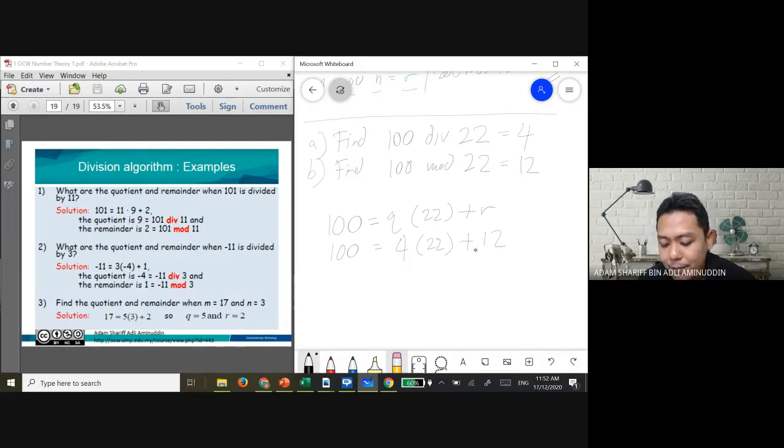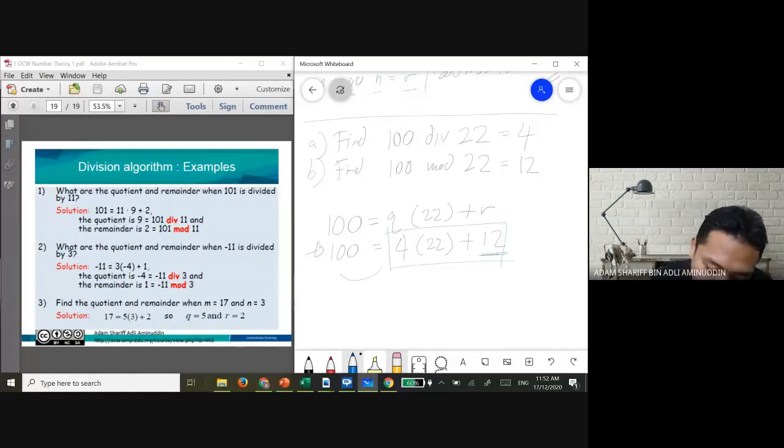Betul tak 12 saya represent ni? Nak check dia ialah 12 must be less than the divisor 22, okay? And 12 is positive. And then when I multiply back this equation, 4 times 22, 88 plus 12 will get 100. So betul lah representation saya ni.